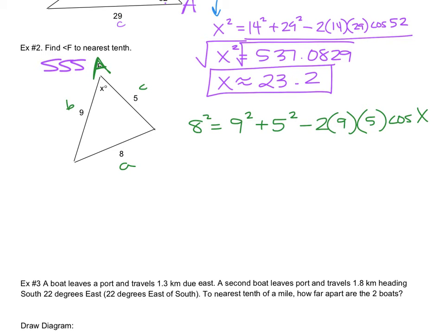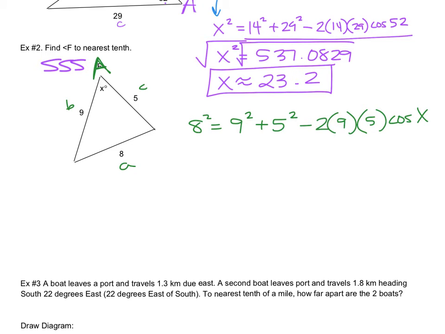Interesting. Here's where the problems typically lie. Simplifying this, it is really tempting, don't do this. It is really tempting to plug this into your calculator, but you have to think of PEMDAS backwards.